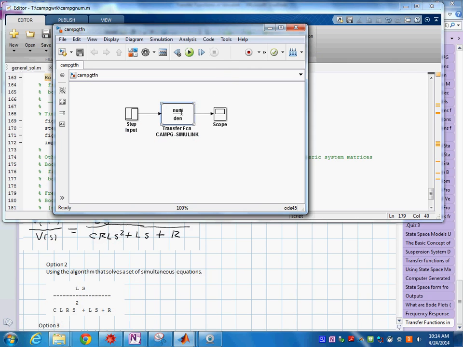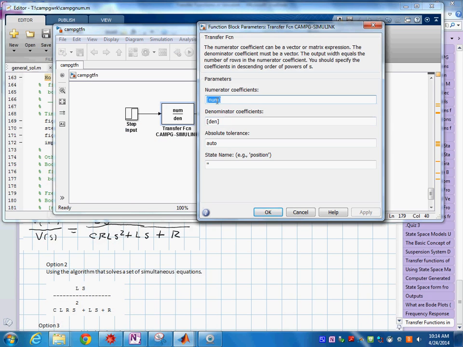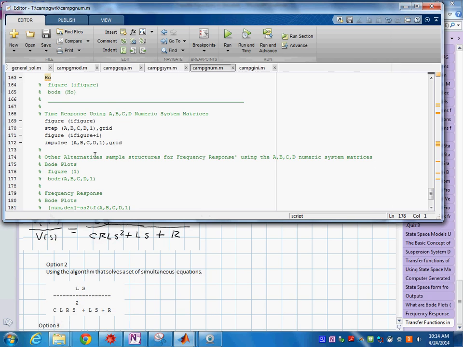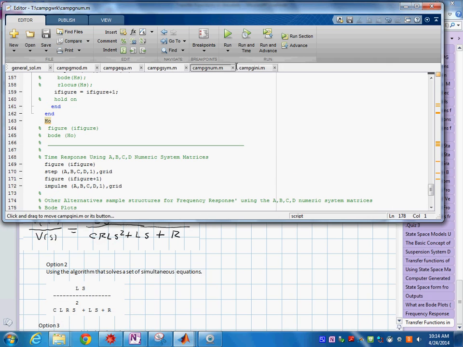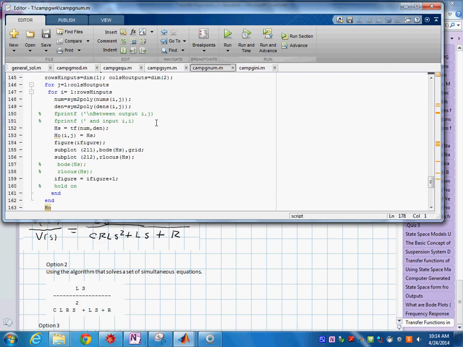So when you double click over here, this num and this den, this denominator, are the ones that have been produced and initialized in this file right there.